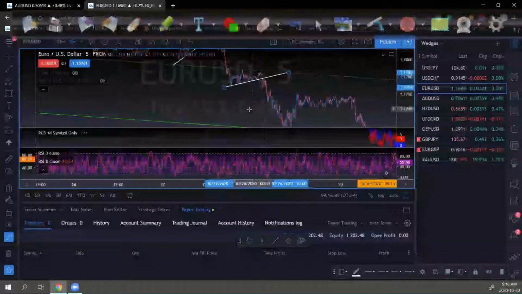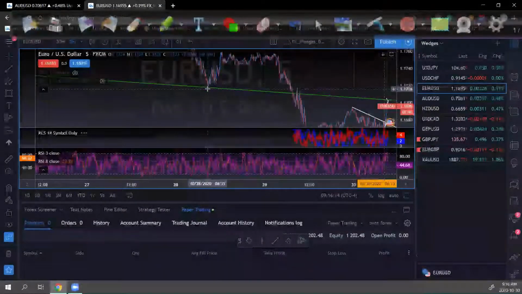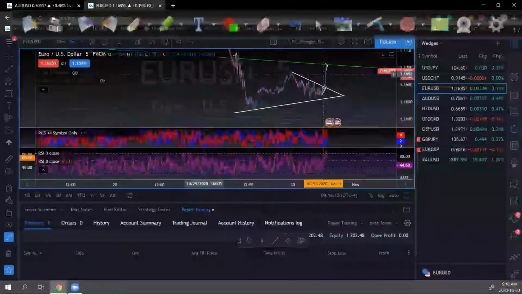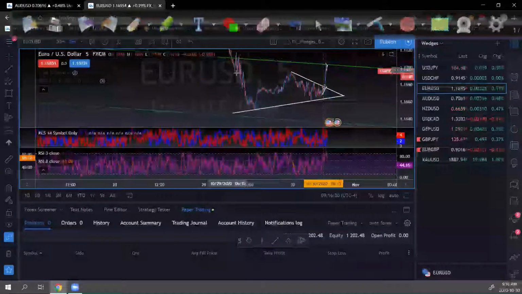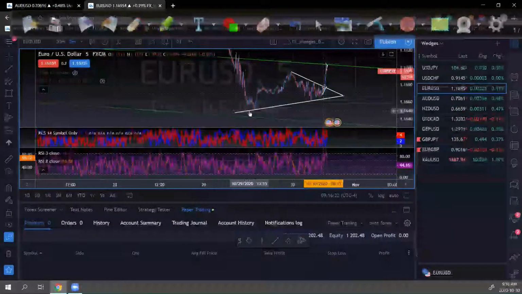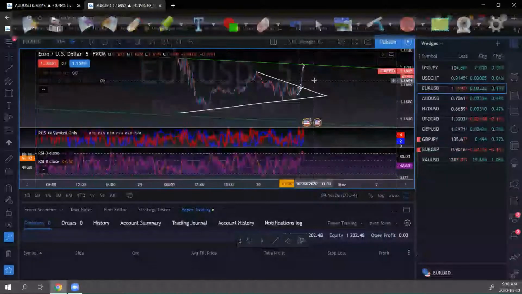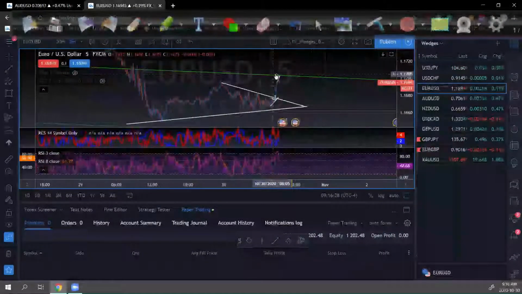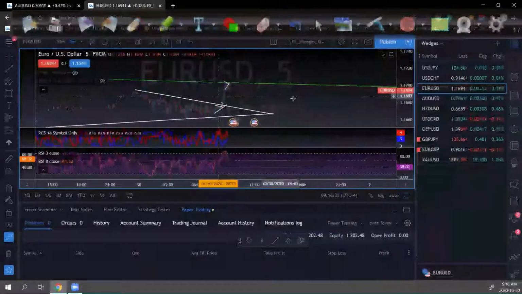You got a wedge here, and you got a break. Look at that, to the pip on this one. And then, boom, tags it, breaks it, does some funky business, doesn't quite make it down here. But then decides to come back and challenge this line.